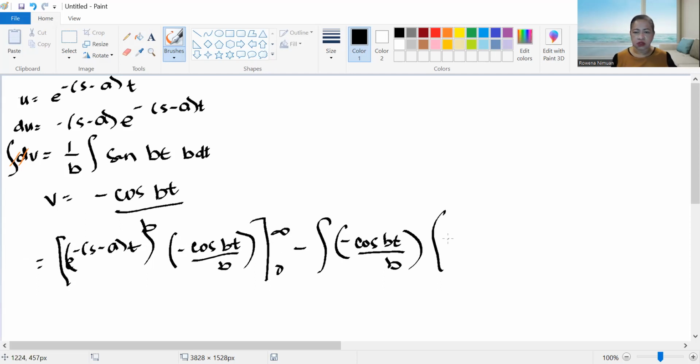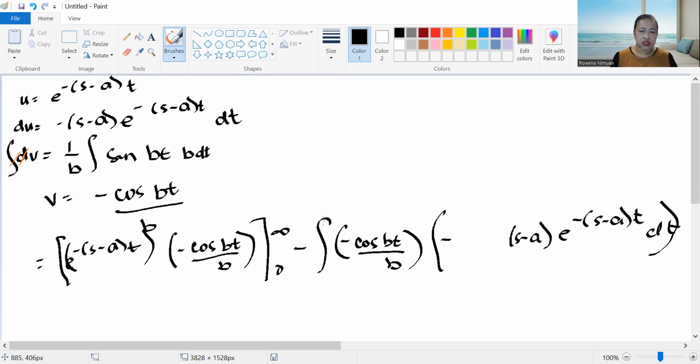My du is negative (s minus a) e to the negative (s minus a)t dt. So substituting the values here.